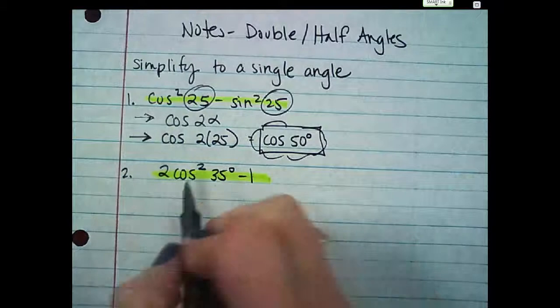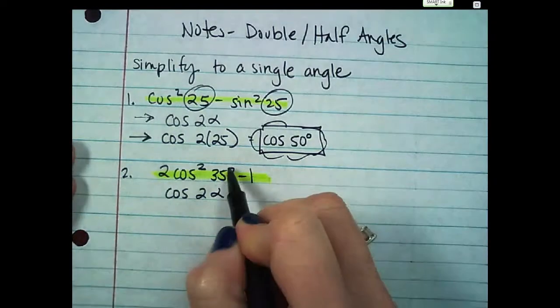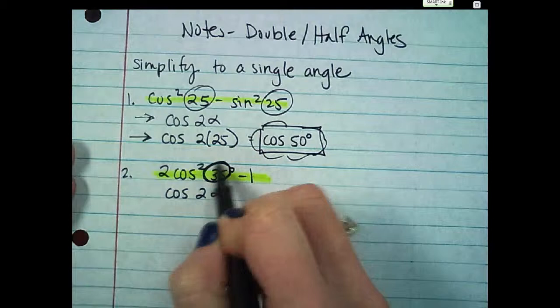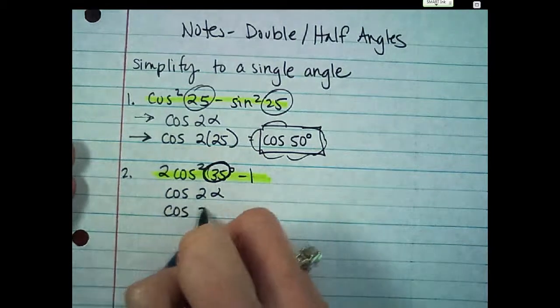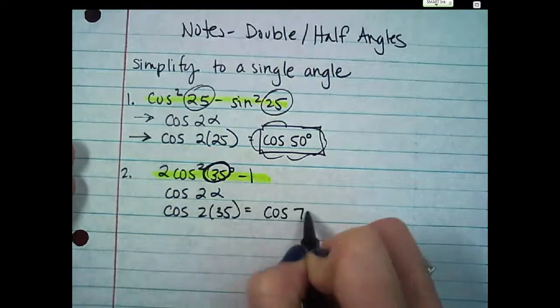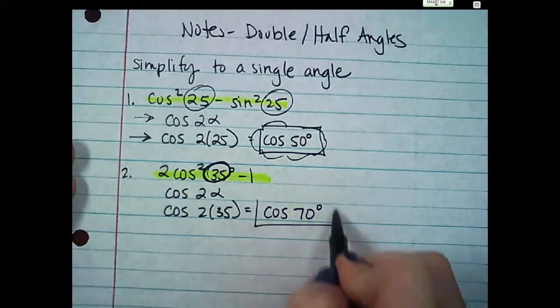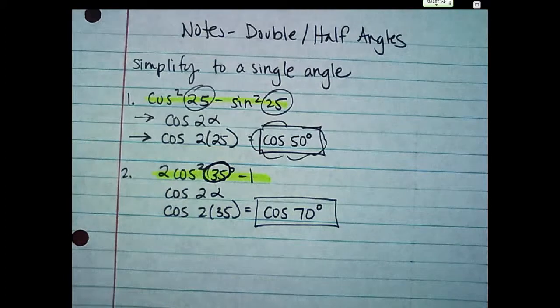So we're going to write cosine 2 alpha. Well, alpha in this case, or your theta, or whatever you want to call your angle, is 35. So cosine of 2 times 35 gives us cosine of 70 degrees. Is cosine of 70 on our unit circle? No, so we'll accept that just as your answer.